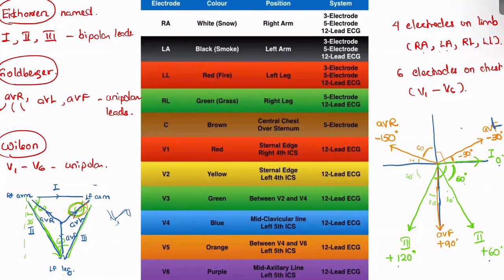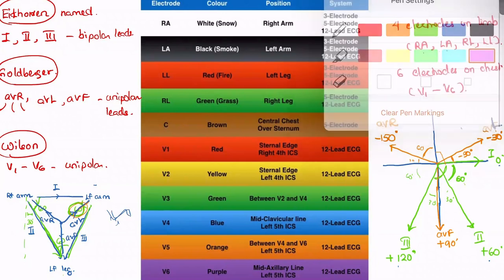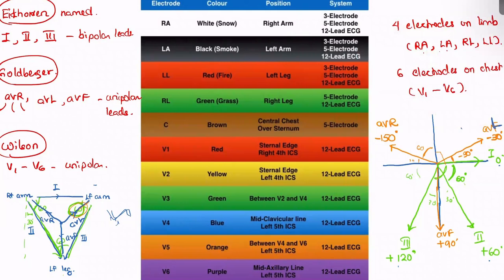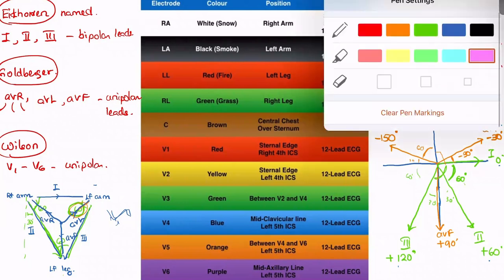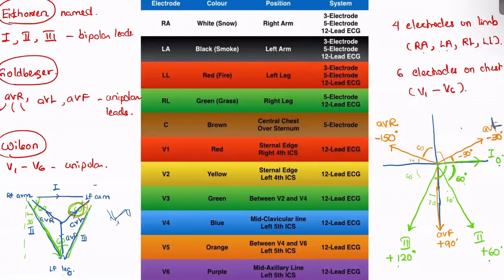Okay, and for the axis, I will discuss about the axis in a later video, but it is for reference. The normal axis lies between here. And for this side, the axis goes to the right side, so right axis deviation. It is the left side, so left axis deviation.